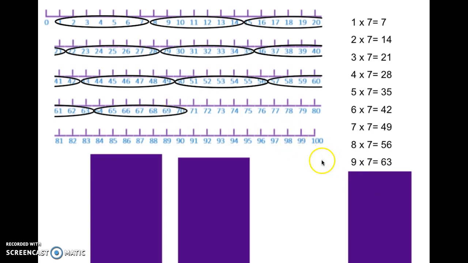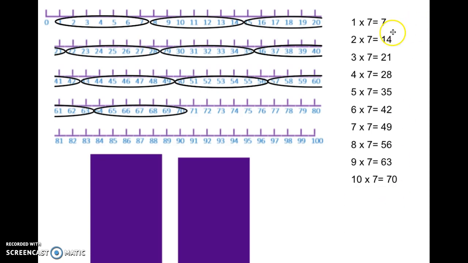And lastly, 10 sets of 7, 10 times 7 is 70. So go ahead and look at our 7s. Our products were 7, 14, 21, 28, 35, 42, 49, 56, 63, and 70. See if you see any patterns when looking at those sets.